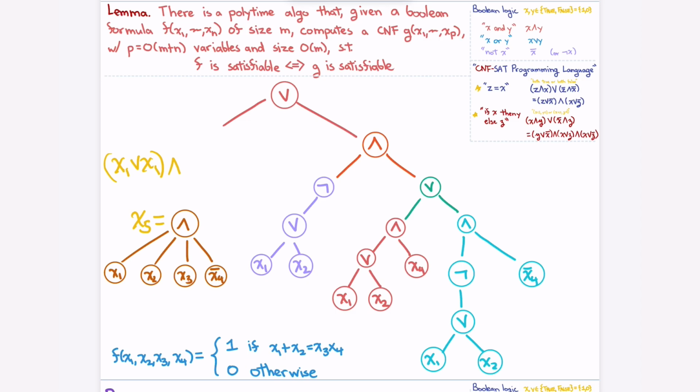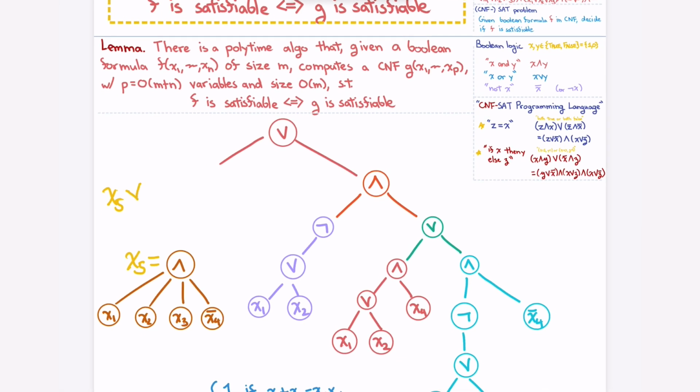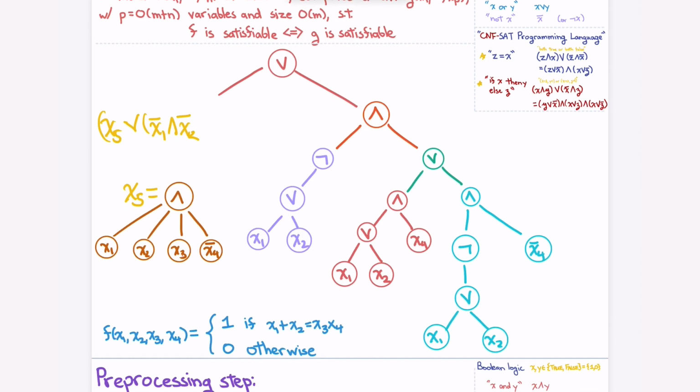Ah, okay, we know how to express assignment in conjunctive normal form, right? So in this case, to say x5 is equal to this formula over here, it's going to be like x5 or... Well, let me first look at a special case and I'll justify it in a moment.